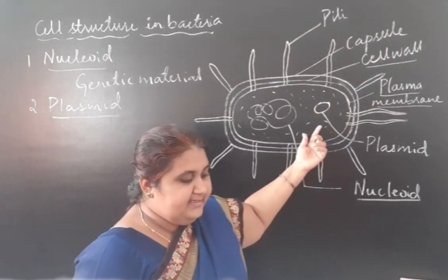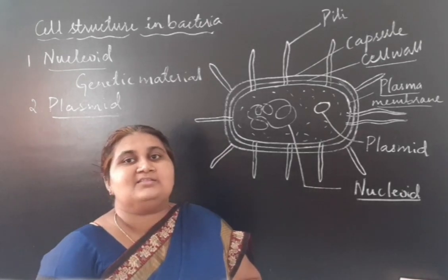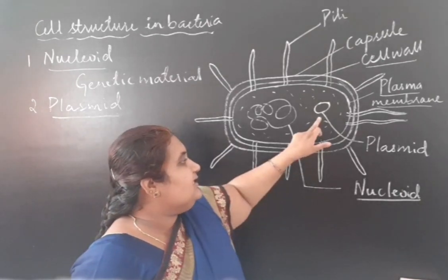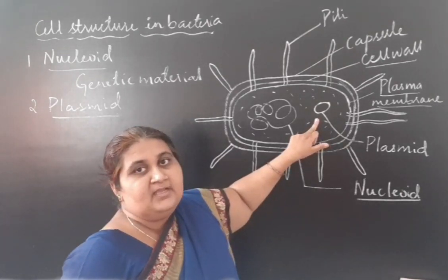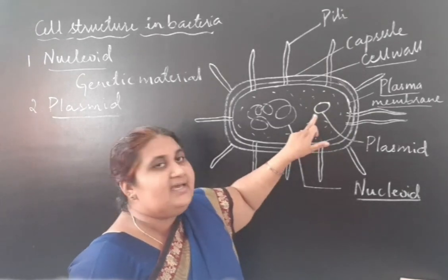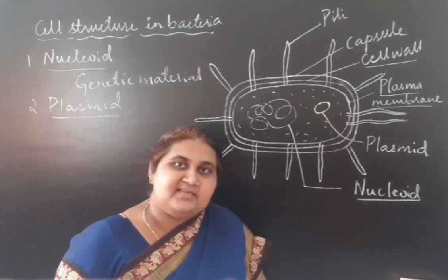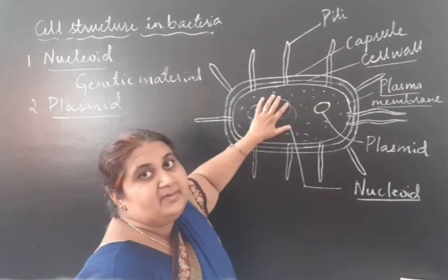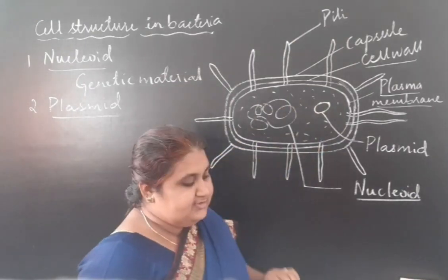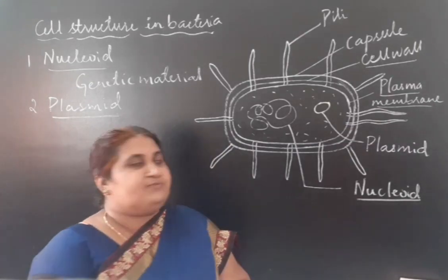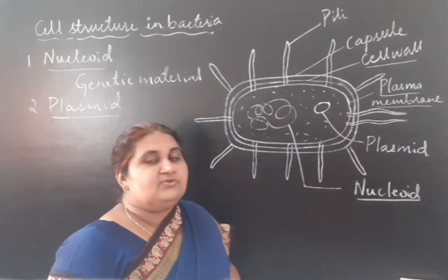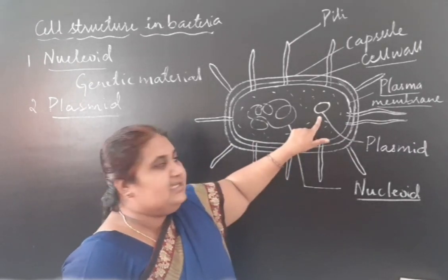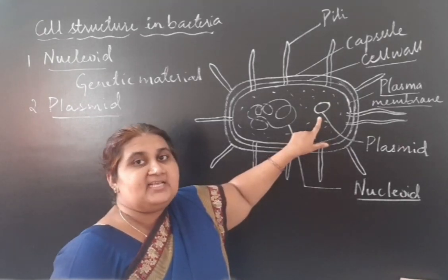We could find a small circular DNA present within a bacterial cell apart from the genetic material. So that small circular DNA, we call it a plasmid.